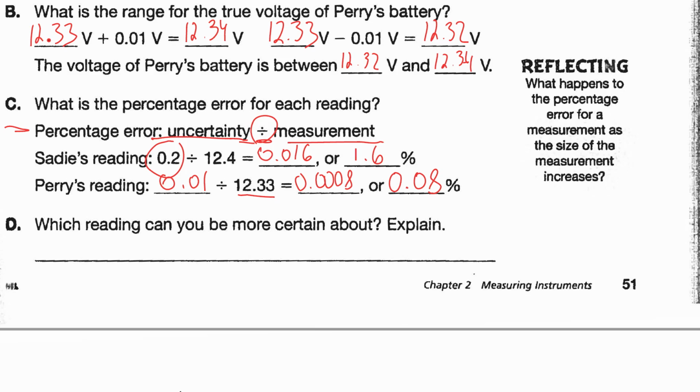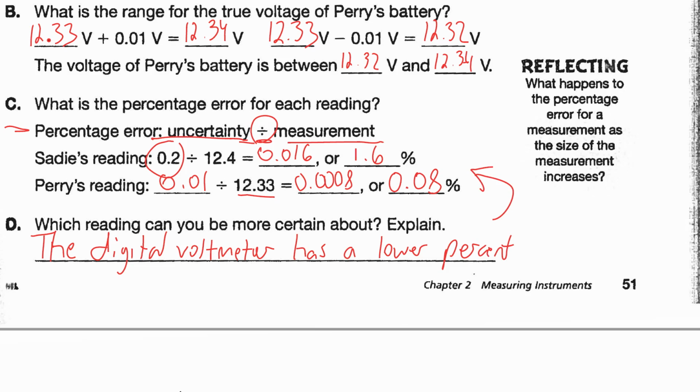Which reading can we be more certain on? Perry's, the digital voltmeter has a lower percent. And we can see that right here. This one's lower. Awesome.